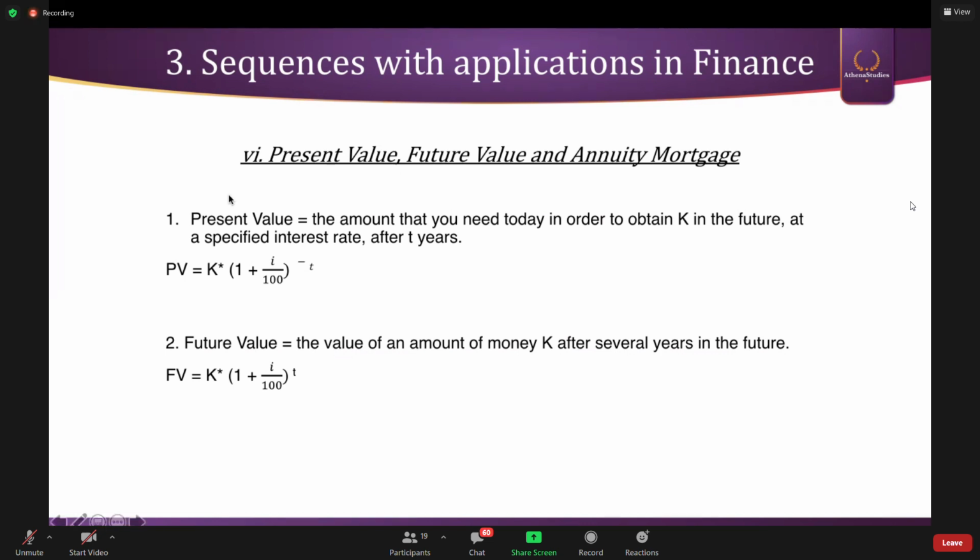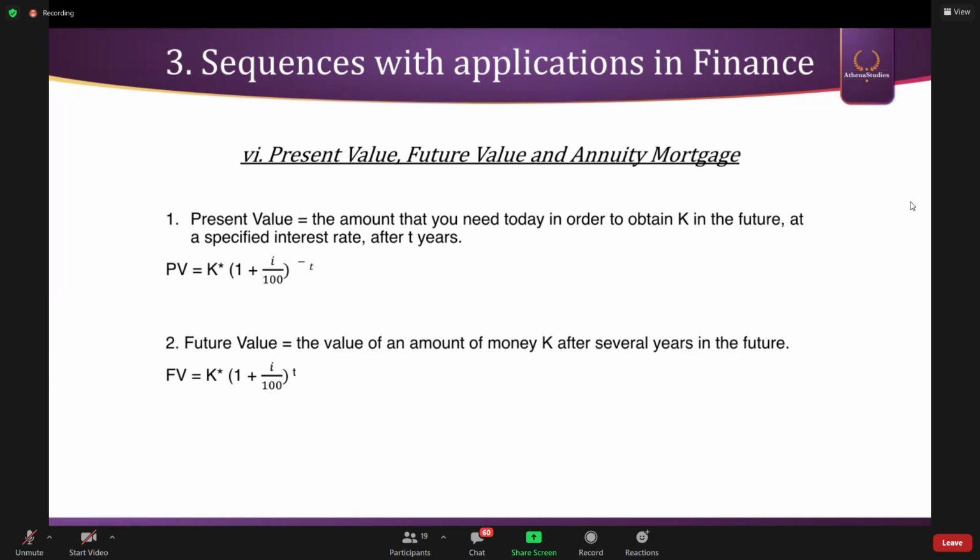The formula is present value equals K, the amount, multiplied by 1 plus interest rate to the power of minus t. You can rewrite this as K divided by 1 plus interest rate to the power of t, which is the same thing.